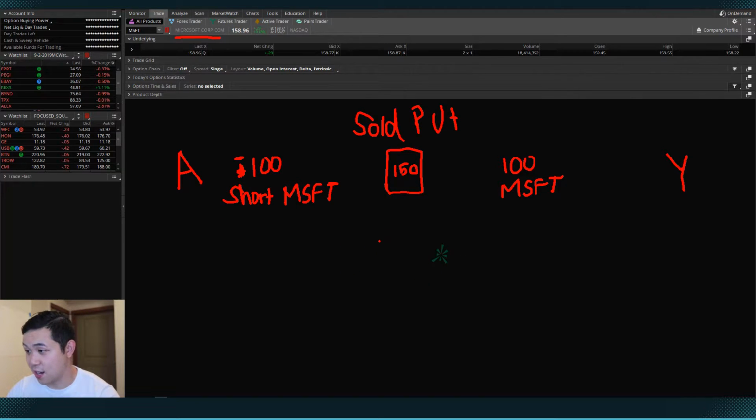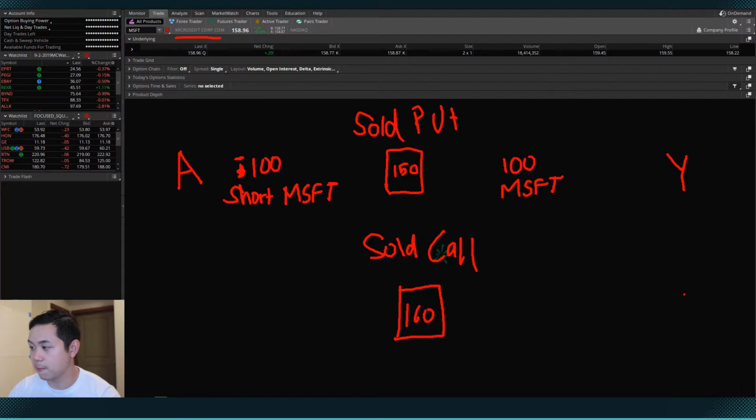And then the other case is the opposite. Let's say you sold a call at the 160 strike and the same person buys it from you. Well, when they want to exercise this option, they are going to be assigned 100 shares of Microsoft at $160 each, and then you will be assigned 100 short shares of Microsoft at $160 each.